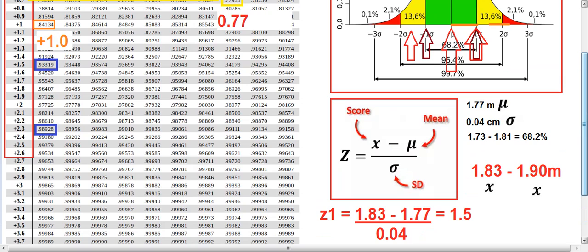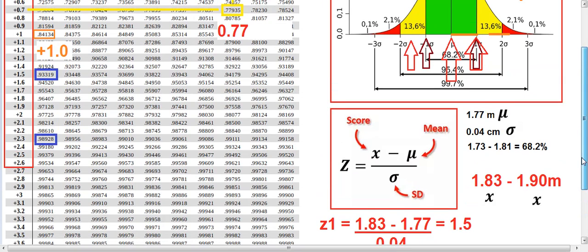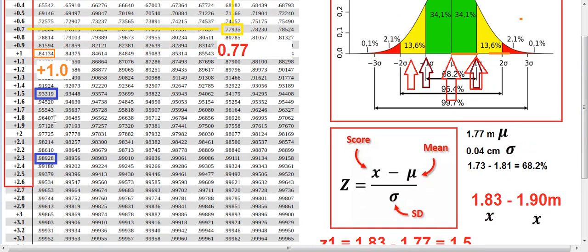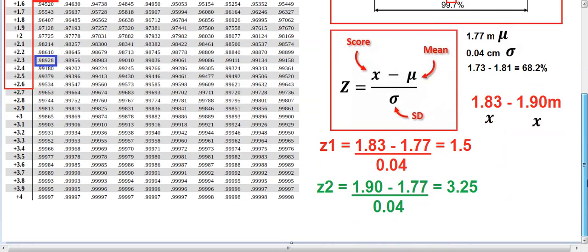It is 1.5, exactly here, which we used as an example. Let me surround it with the red mark. This is 1.50. The other one is 3.25.